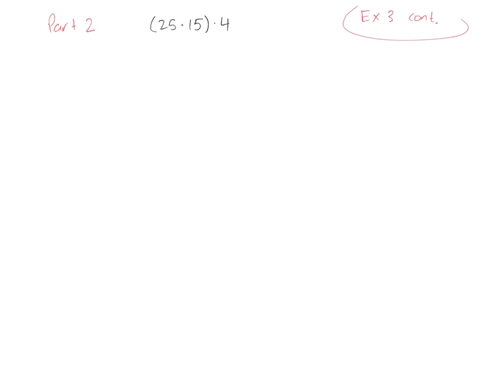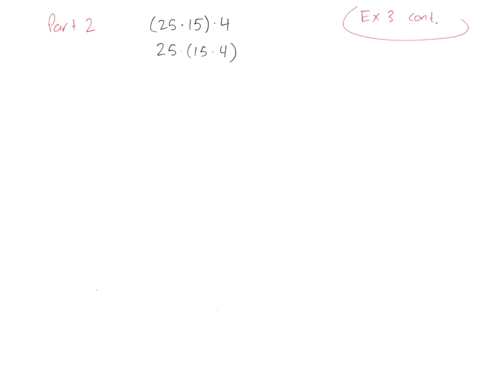The next way would be to use one of those properties. And you might want to do this because you realize multiplying 25 and 15 would be kind of big. So you might choose to multiply some smaller numbers first. So what we'll do is we will say 25 times 15 times 4. Well, how can we do that?